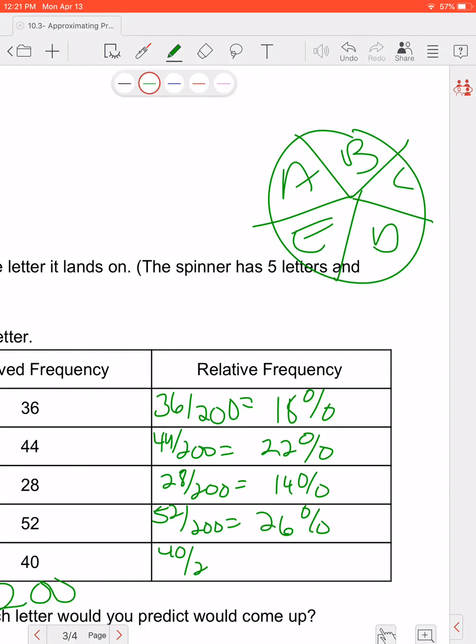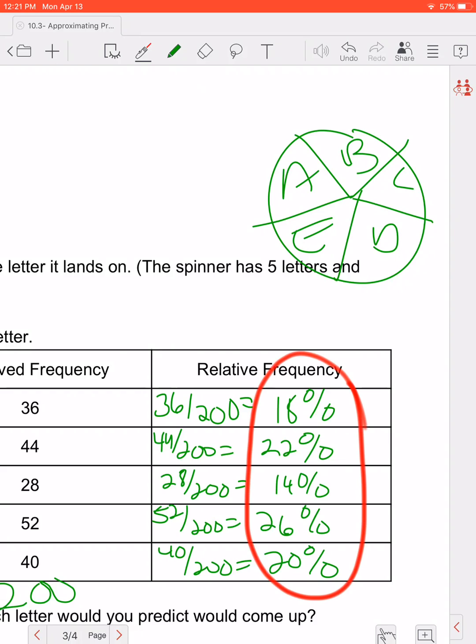And 40 divided by 200 is going to be 20%. Now again, I can add all of these up to make sure they're going to be 100. So 18 plus 22 plus 14 plus 26 plus 20 does in fact add up to 100%, so I can check myself off. I know I did well on that.